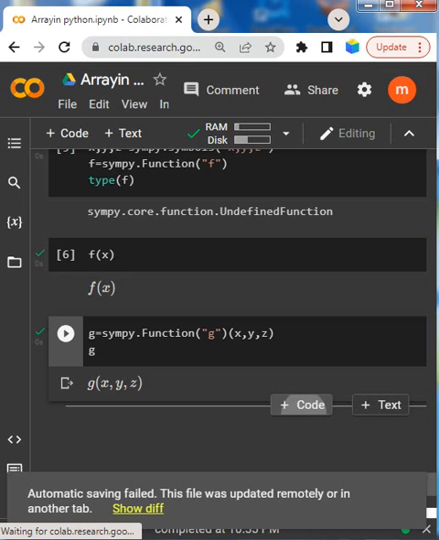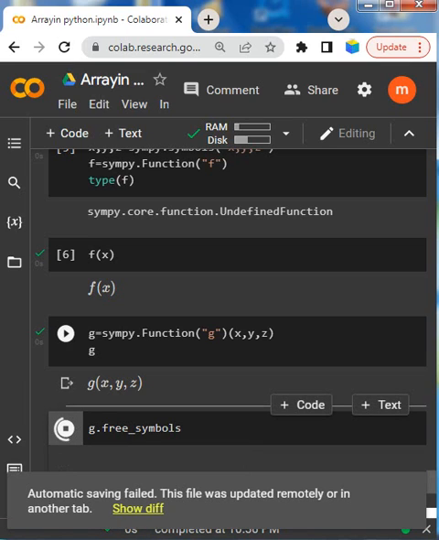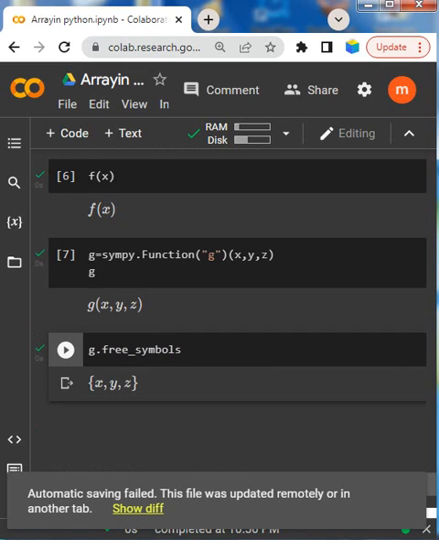And if you write g.free_symbols, because I have created g, free_symbols means the symbols without the function, like x, y and z.